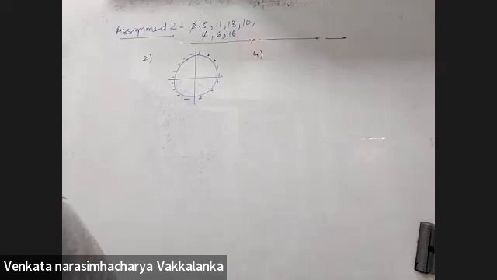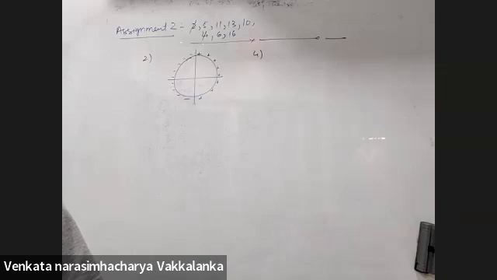Question 1. A thin ring of radius r meters is placed in the xy plane such that its center lies at the origin. The half ring region x less than 0 carries uniform linear charge density sigma. The remaining half ring carries uniform linear charge density minus sigma. So his x coordinate is 0, but y coordinate is r by 2.